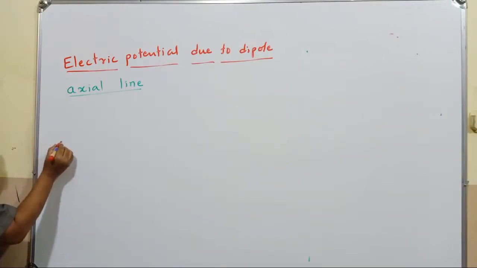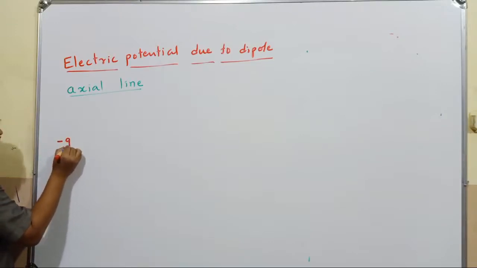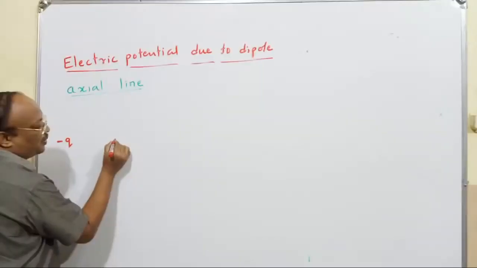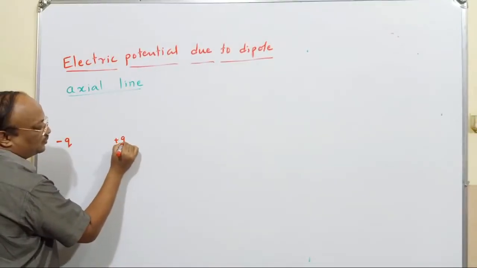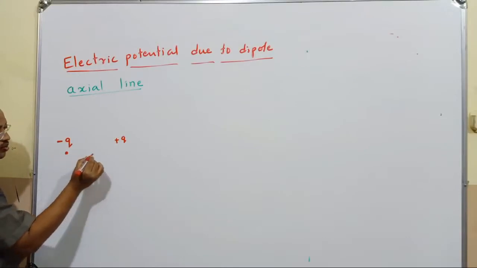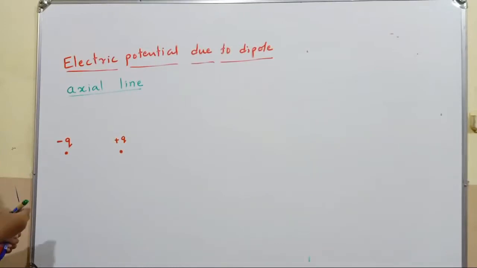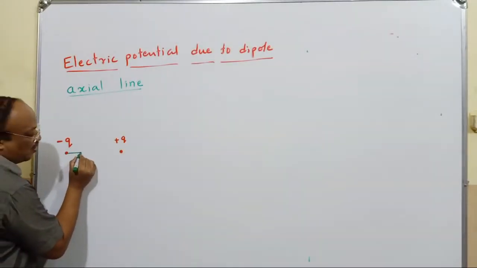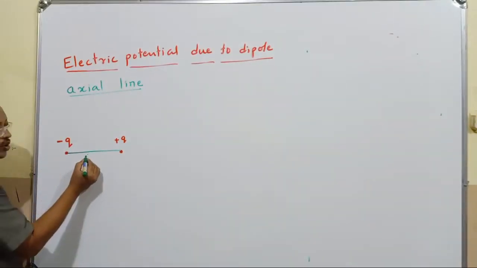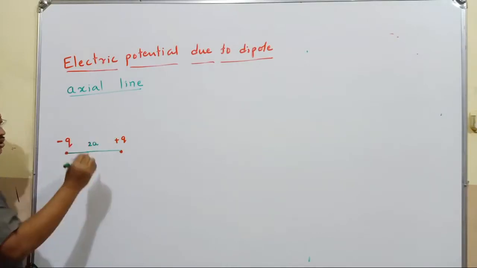So this is our dipole, a minus Q charge and plus Q charge. These are the two charges separated by a very small distance 2a.